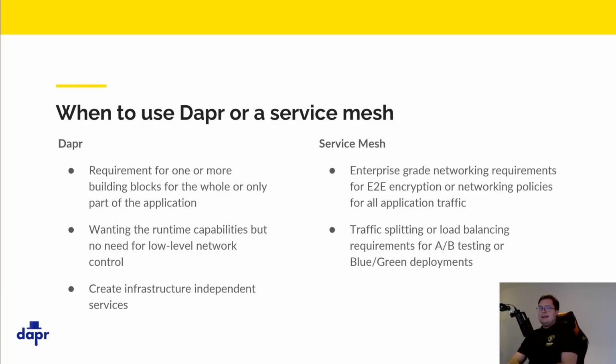If you're running on public cloud that is not a VNet connected in any way, or if you do your blue-green deployments or A/B testing some other way, you can perfectly use Dapr without a service mesh. There's no need for you to have low-level network control then, and you can just create it in a cluster in which you use less compute and you'll be more agile. So if you don't need the service mesh, then don't add the complexity of using that.